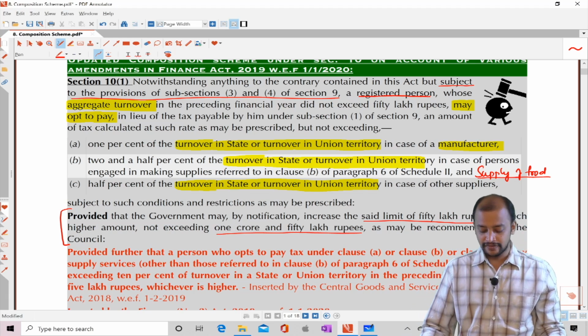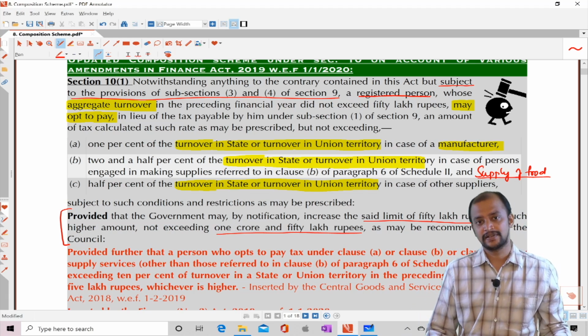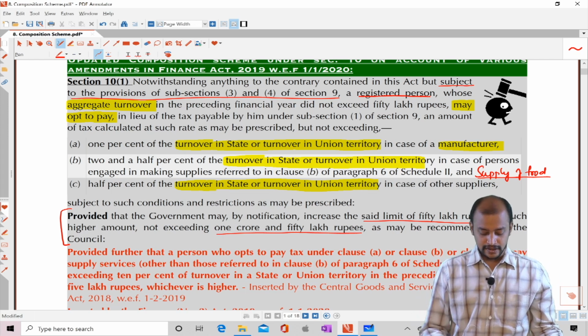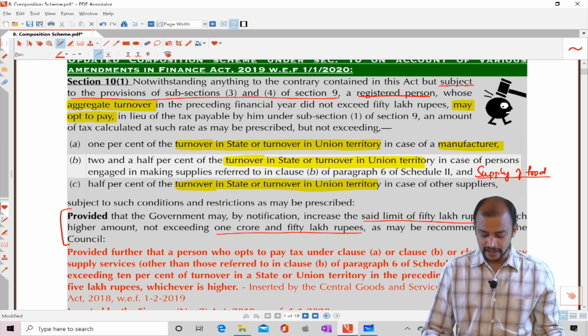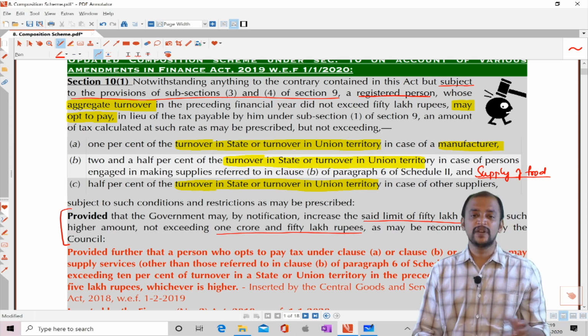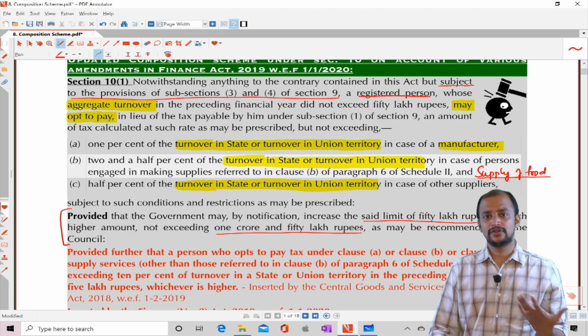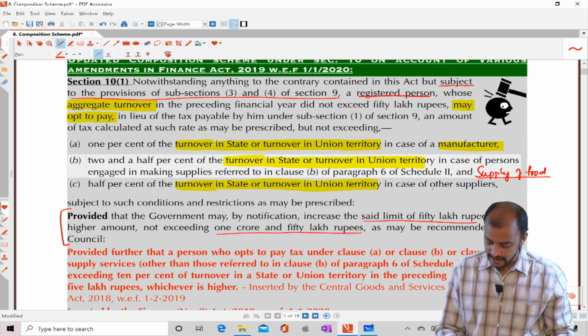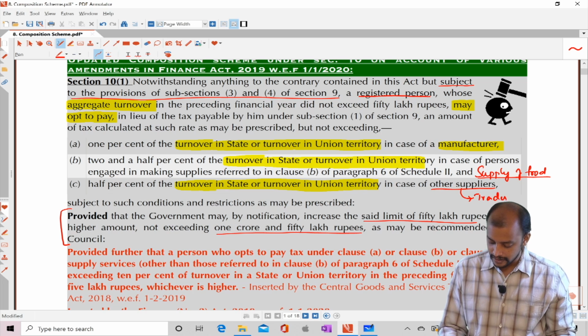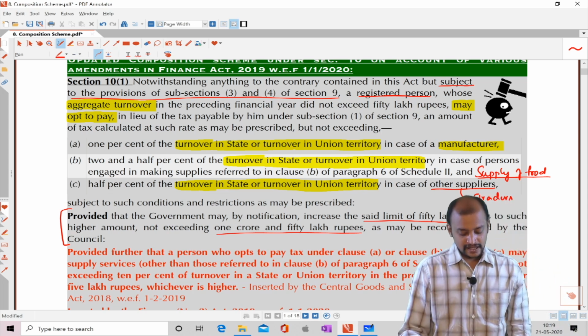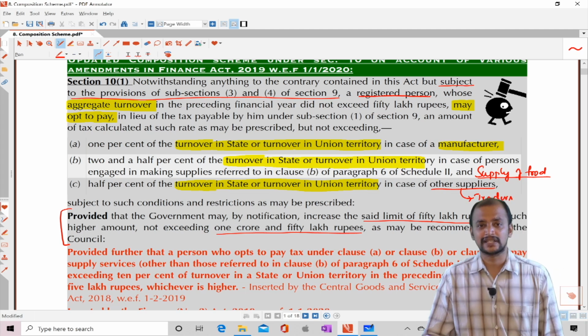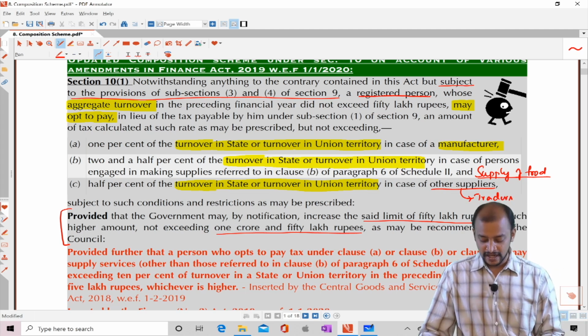Then in case of other suppliers, so 0.5% of the turnover in the state or turnover in union territory in case of other suppliers, which means that traders. So traders are covered. So here other suppliers refer to the traders. Traders are covered, subject to such conditions and restrictions as may be prescribed.